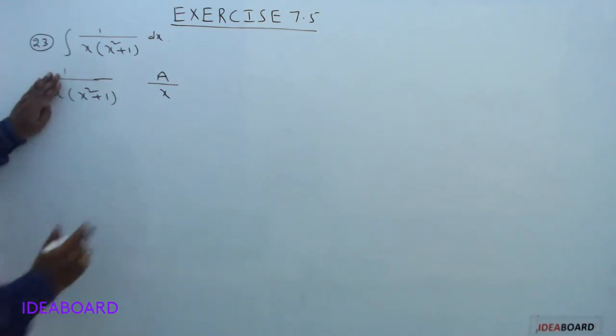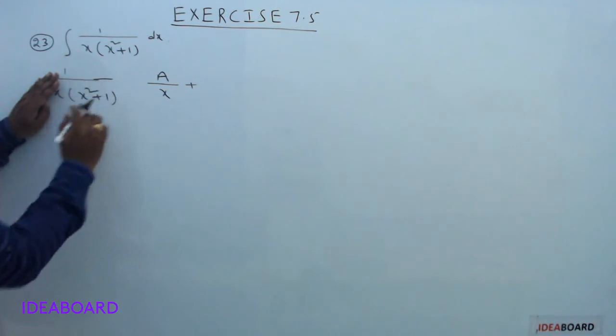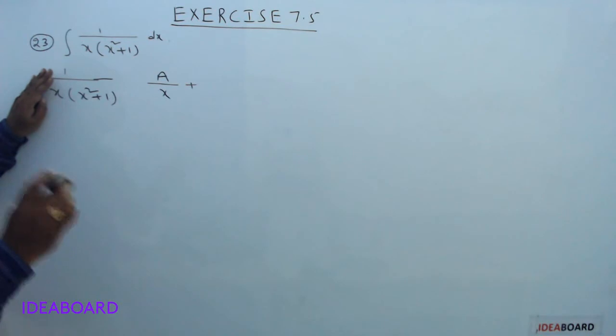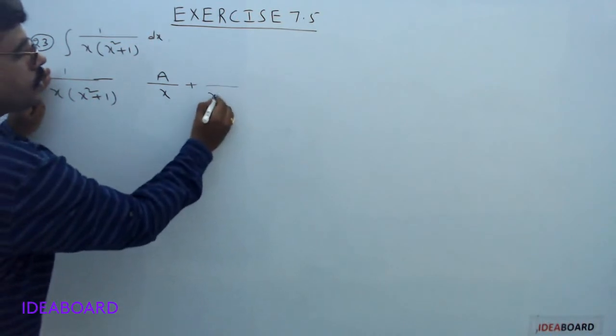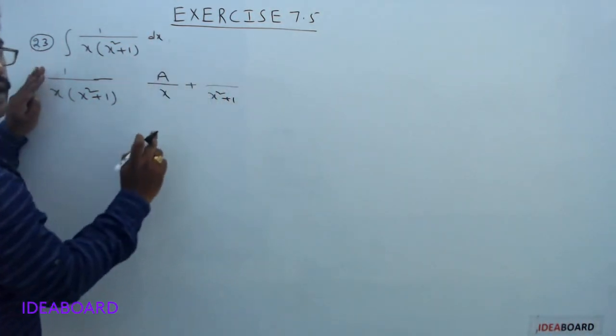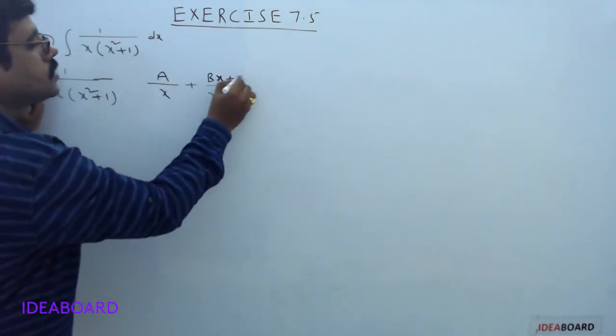Then close the other one; this is a non-repeated irreducible quadratic factor, and corresponding to every non-repeated irreducible quadratic factor there exists a linear factor in its numerator. Take that linear factor as bx plus c.